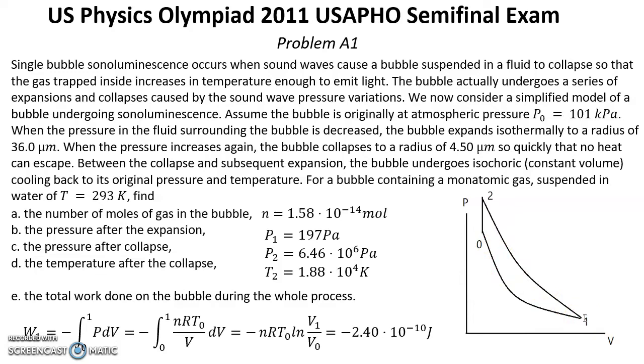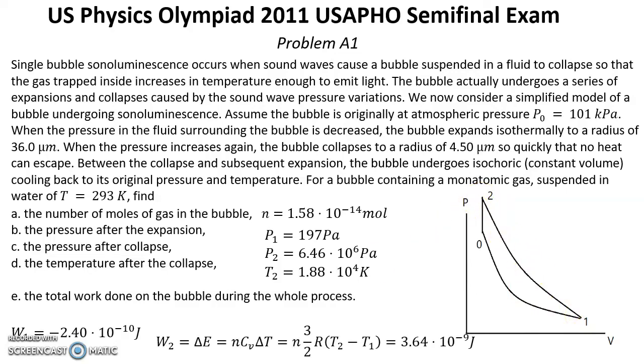The next process is adiabatic compression, and during adiabatic compression the total heat is 0. It means that all the work done on the gas goes to the change of internal energy, and we just need to find the change of internal energy for the gas from point 1 to point 2.